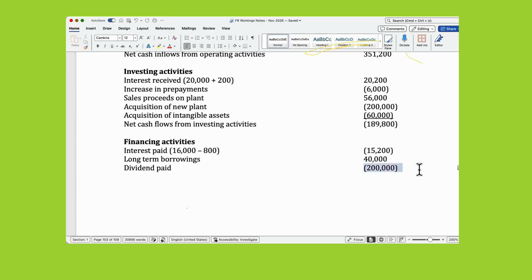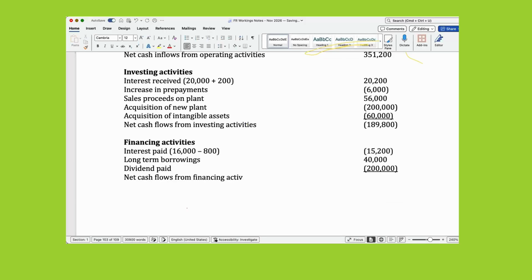So can you cumulate all this for me? Because I've dealt with everything that I need to deal with. 175,200, inflow, outflow.